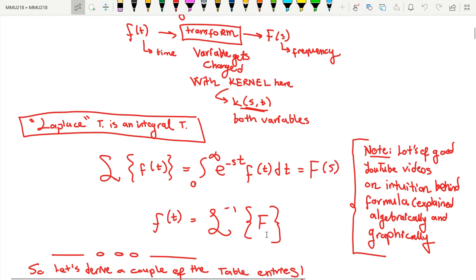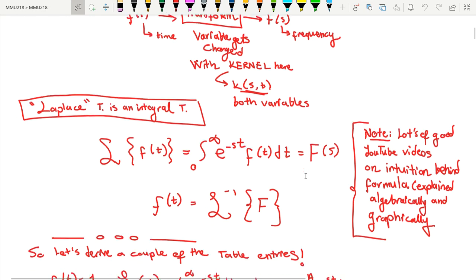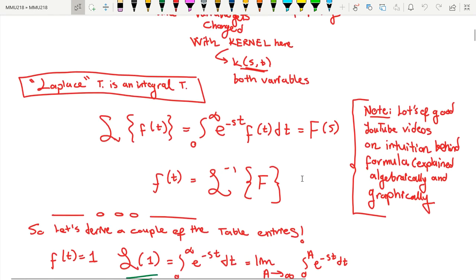And if you take the inverse Laplace of this capital F of s, you will get the f of t. So this is the basic definition that we will be using for Laplace transformations that we will derive for some of the functions.